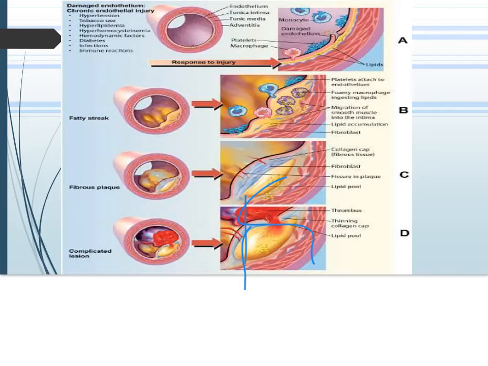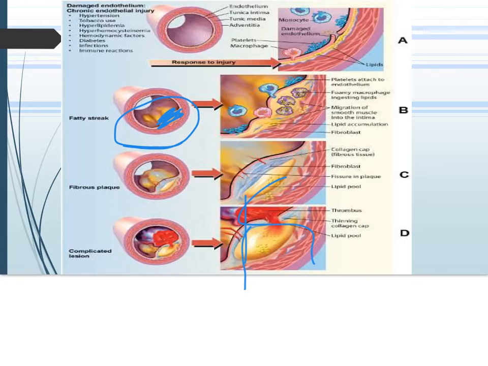The other thing to know is that there are a couple of different types of buildups. There can be what we call an eccentric buildup or a concentric buildup. This is actually showing an eccentric, where it is just one-sided. See, that's one-sided.